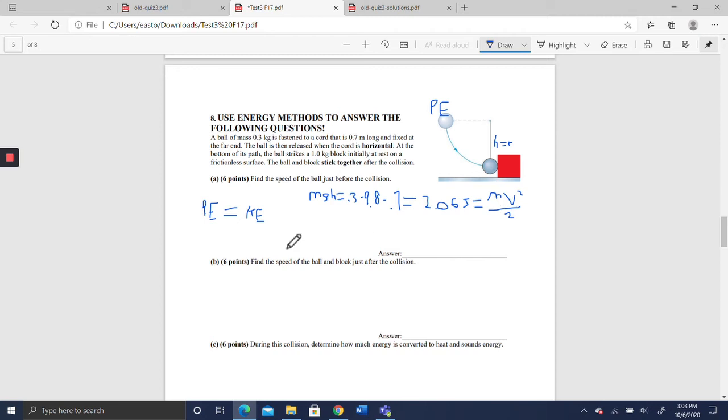We're going to get v squared is equal to 13.72. We take the square root, and we get our answer of 3.7 meters per second.